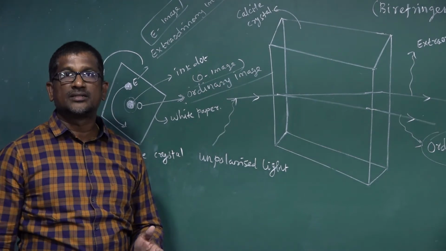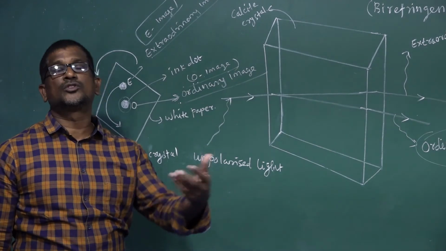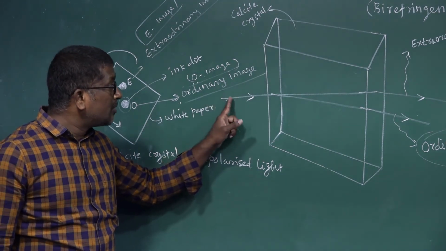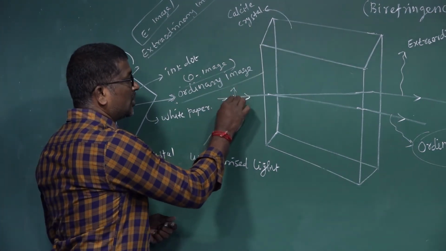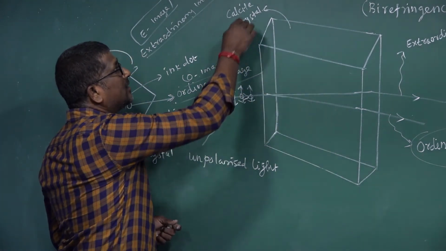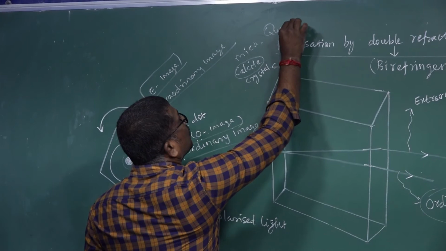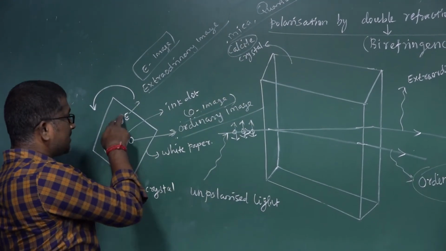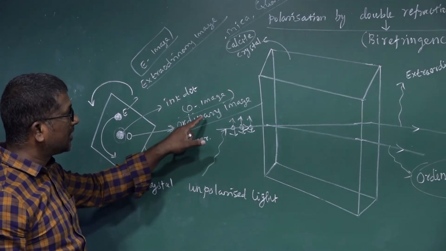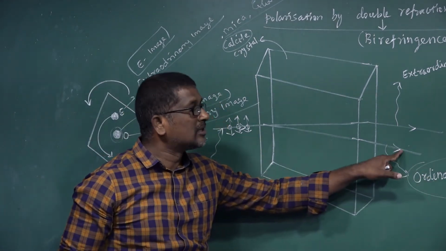Not only calcite crystal, mica crystal is also an example of a double refracting crystal. Quartz is also one of the best examples of a double refracting crystal. So when unpolarized light is passed through a crystal like calcite, mica or quartz, two images of a single object are produced. One is called the ordinary image, produced by the ordinary ray, which obeys the laws of refraction.